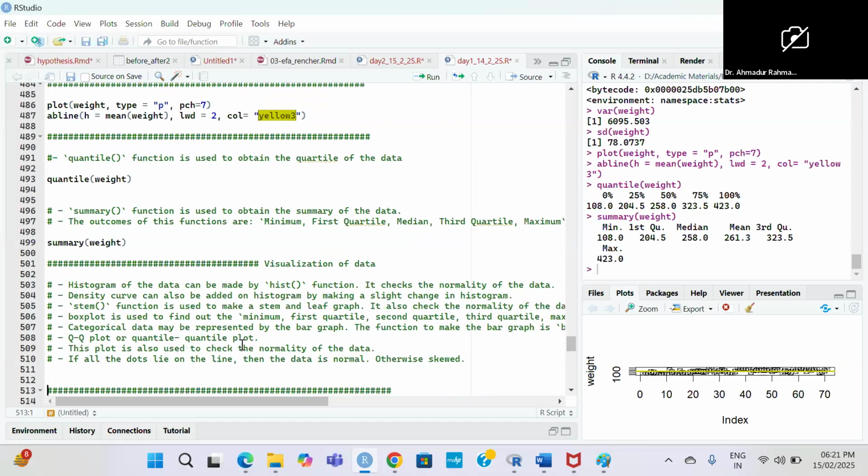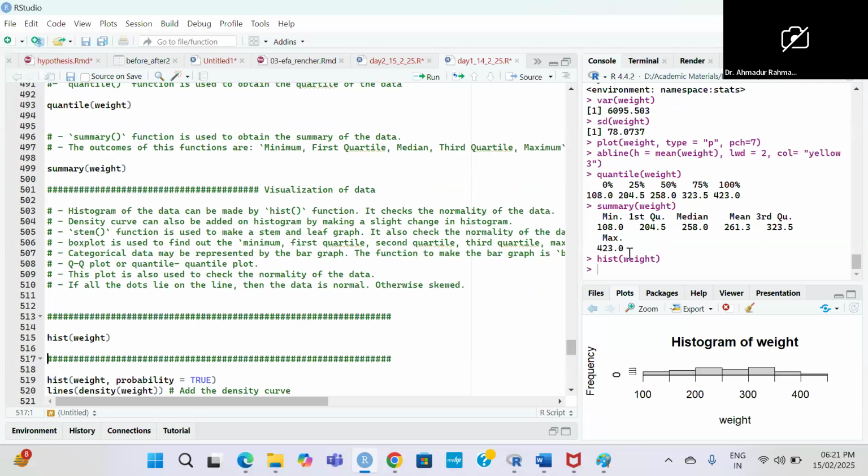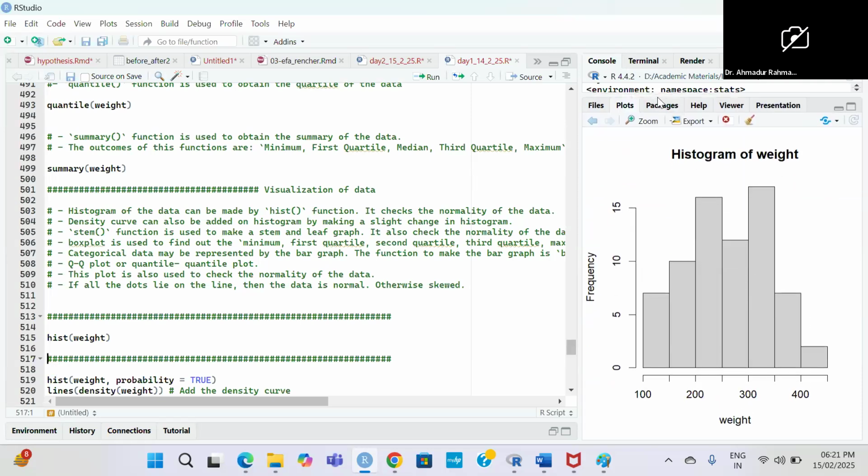Then we can visualize our data set by histogram. To make a histogram, the function is hist, and this is giving us this result. Okay. So from here we can see what our data looks like, whether this is normal or not. From here it is not easy for us to say whether our data is normal or not.